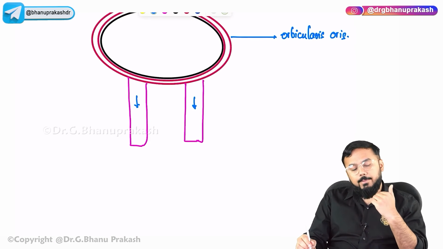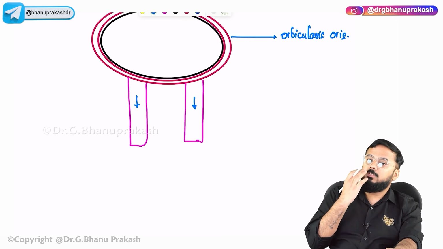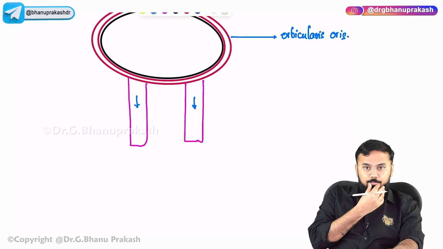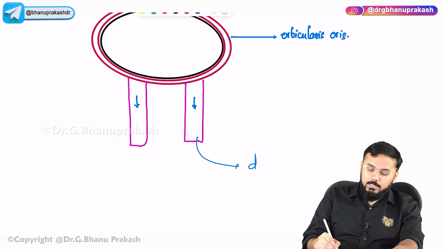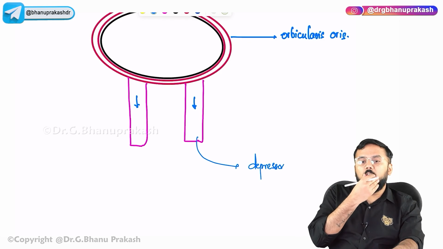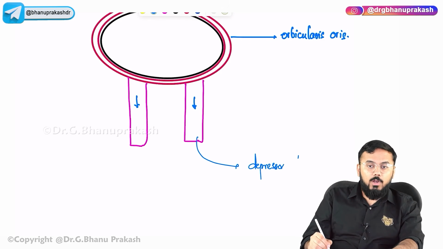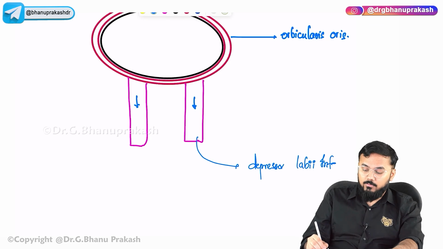They will cause a depression. If these muscles are causing elevation, these muscles are causing depression of your lower lip. So you call this depressor. Depression of what? Your lip. Which lip? Lower lip. Depressor labii. Which one do you have to write, inferioris or superioris? Inferioris.